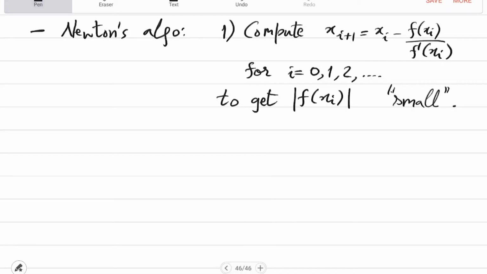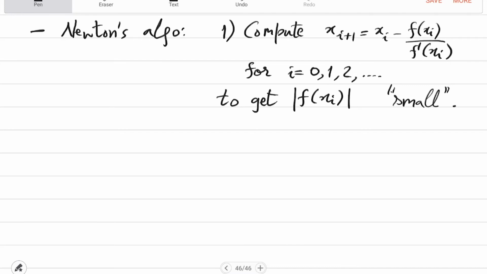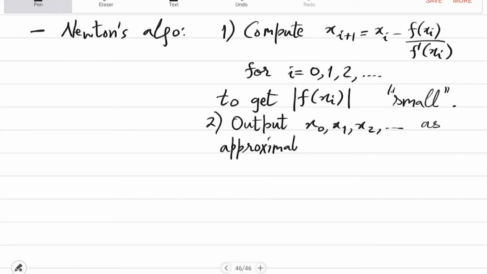Ideally, it should become 0, but it's a real process, so it may never become 0. It may just converge to 0. So at some point you will stop, and at that point you output x0, x1, x2 as approximations to a root of f. So these are the approximations.